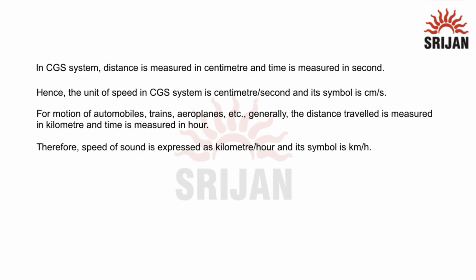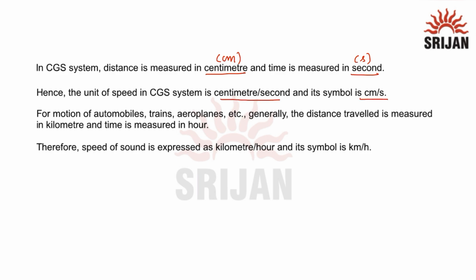Now in the CGS system, that is centimeter gram second, the distance is measured in centimeters, that is cm, and the time is measured in seconds. Hence, the unit of speed in the CGS system is centimeter per second.